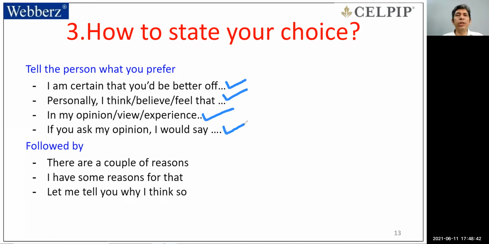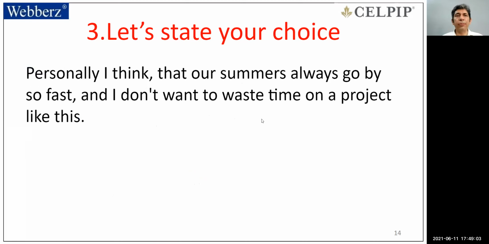If you ask my opinion, I would say, followed by, there are a couple of reasons, I have some reasons for that, let me tell you why I think so. So these are some choices which you can make while giving your own choice. You have to pick one of them and fit it together, and we get our own opinion. Now let's see.